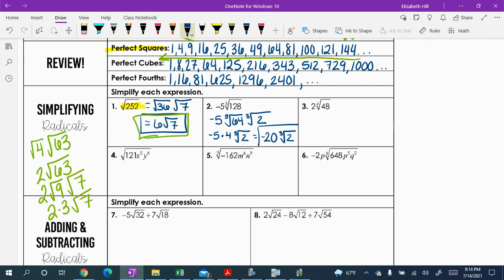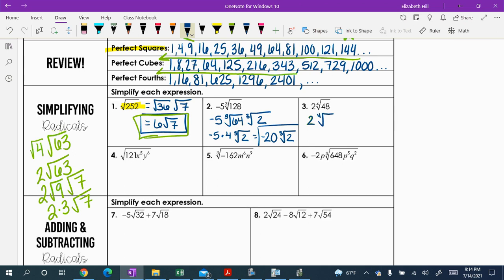All right, taking a look at a fourth root. Now you're looking at the fourth powers here, and these numbers grow really fast, so not too many of them work. But I'm going to start big and work my way down. Well, 48 is not divisible by 81, but it is divisible by 16. So I'm going to break this up. I've got 2, which is out in front.